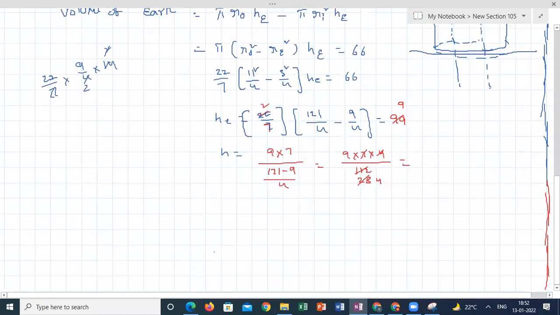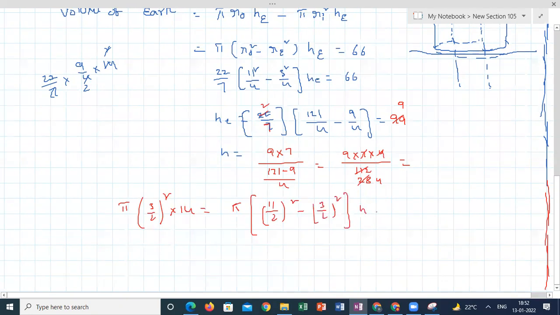Volume of the earth before removing is pi times 3 by 2 whole square into depth, which equals pi times 11 by 2 whole square minus 3 by 2 whole square into height of the embankment. So pi cancels.